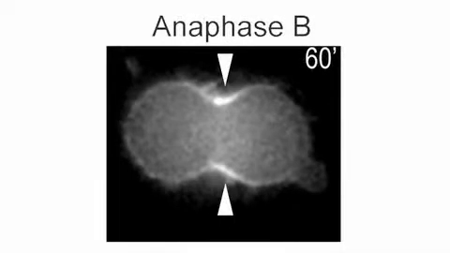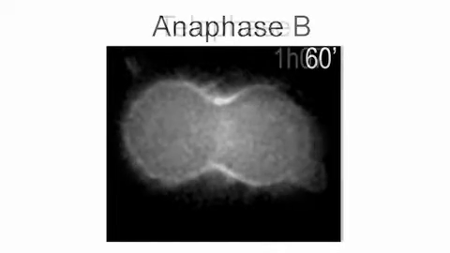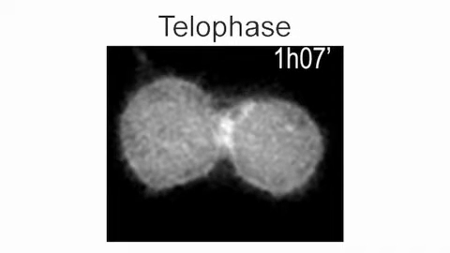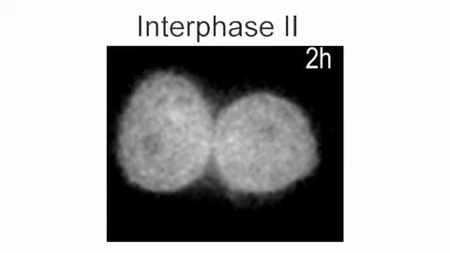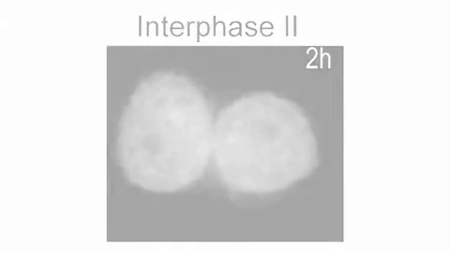Then, Moesin accumulates at the equator. There's some remaining Moesin at the polar cortex in anaphase, but it's mainly localized at the equatorial plane and at the cleavage furrows. And then when cells re-enter interphase, Moesin is inactivated and is lost from the cortex.